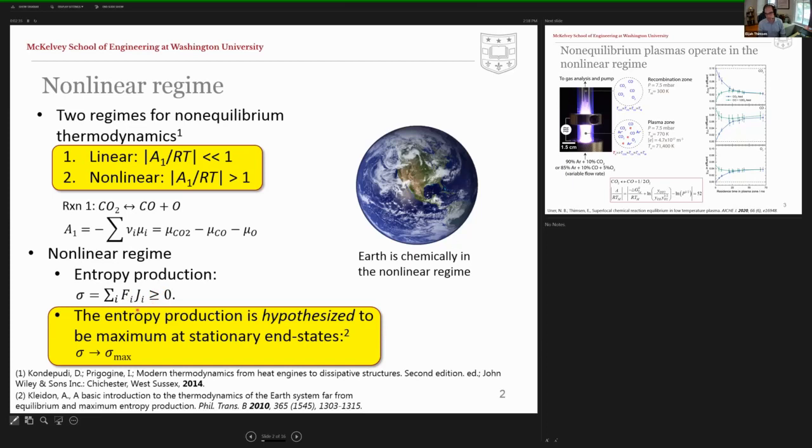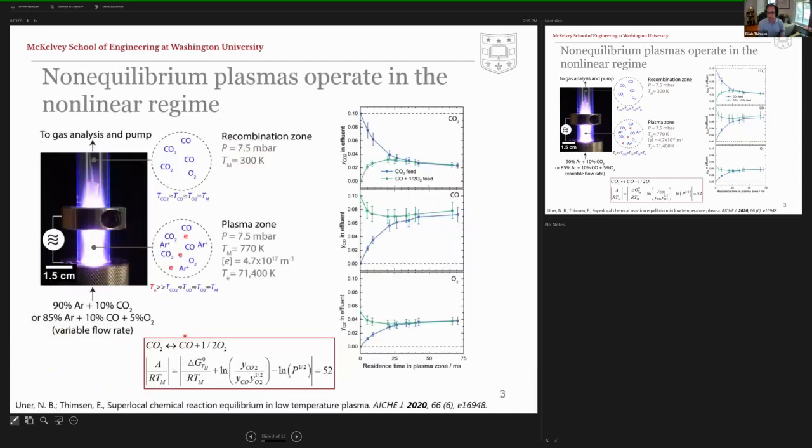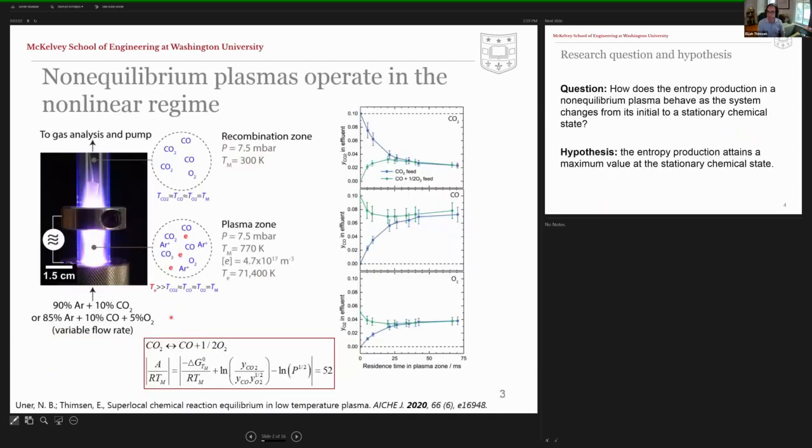There are proposals, as we just heard Swenson talk about, as well as Kondepudi yesterday, that the entropy production in the nonlinear regime is hypothesized to be maximized at stationary end states. And I came into this idea through the work of Kleidon, but I'm aware that many others are working there as well. And so this is the hypothesis that we're going to explore today for non-equilibrium plasma processes.